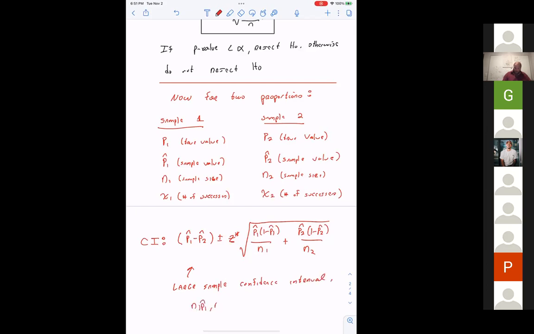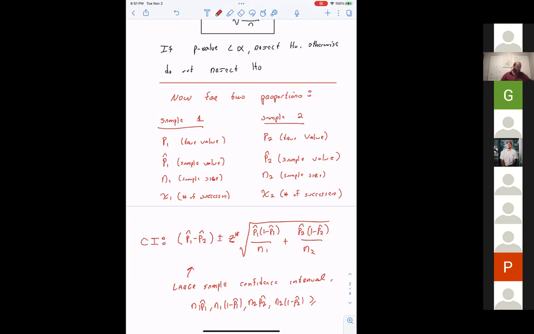N1 P1 hat, N1 times 1 minus P1 hat, N2 P2 hat, and N2 times 1 minus P2 hat, right? Those are the number of successes for the first trial, number of successes for the second trial, number of failures for the first trial, number of failures for the second trial. In the first case, if you recall back in the previous chapter, each of those numbers had to be what in order to be allowed to use the large sample confidence interval?